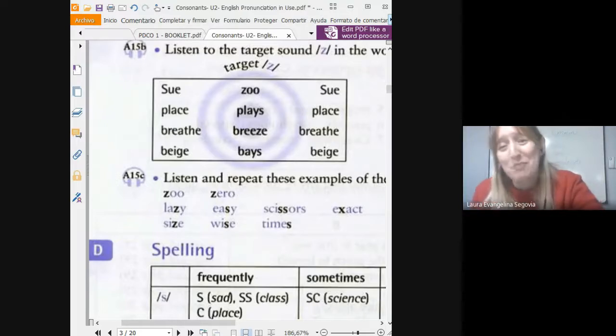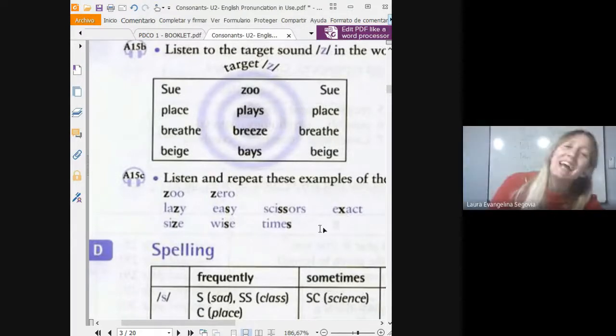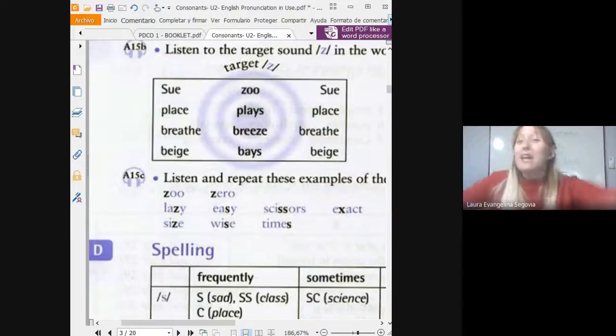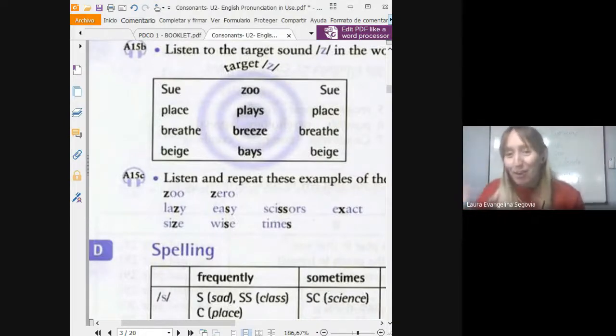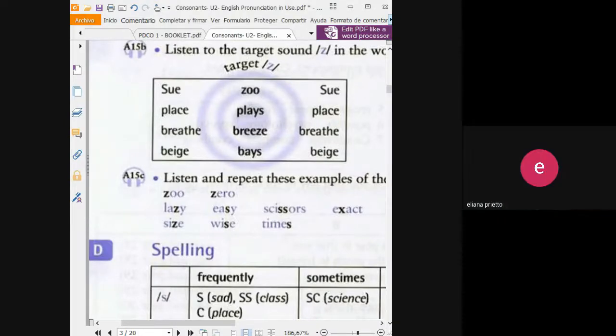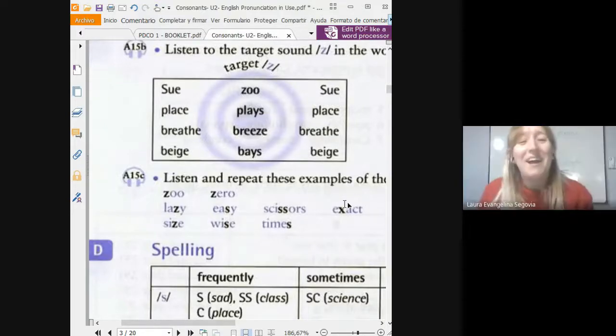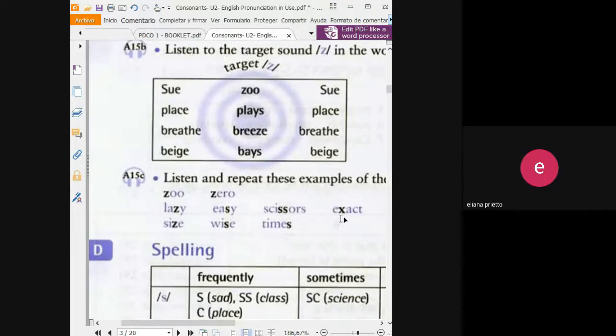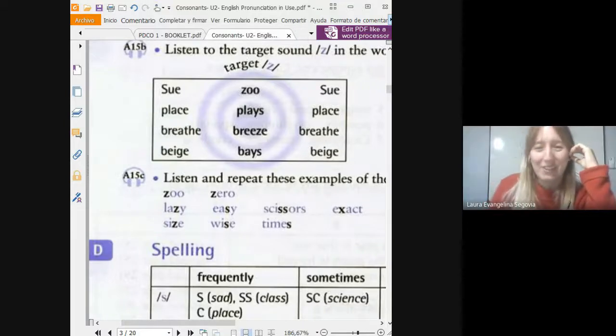It was Eliana. You didn't say, no, it was me, teacher. Okay, Eliana, maybe it's her turn. Come on. Say this one and this one. Okay. Exact scissors. Perfect. Very good.